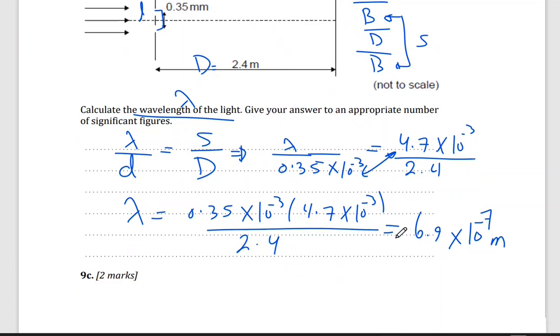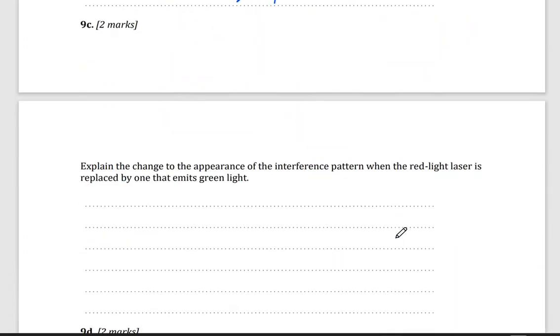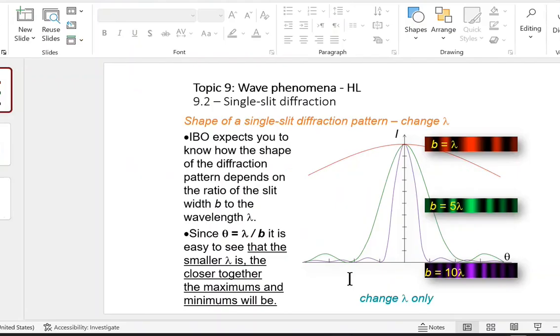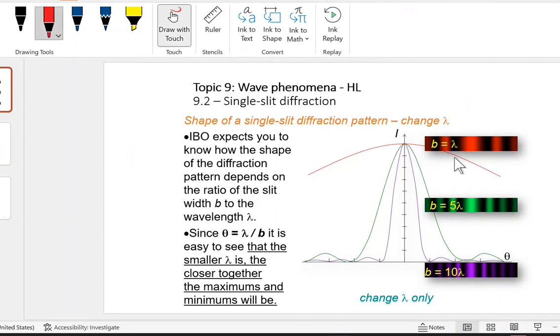Okay. Second part of the question: explain the change to the appearance of the interference pattern when the red light laser is replaced by one that emits green light. Now, if you remember from our study, if I use different color of light, lambda for red is greater than the wavelength of any other color.